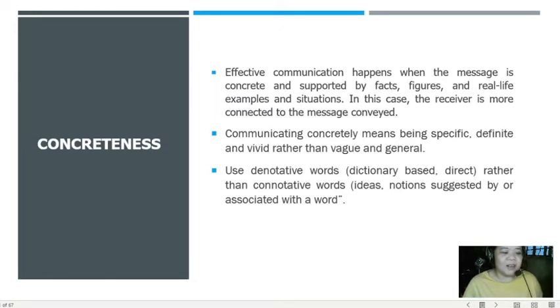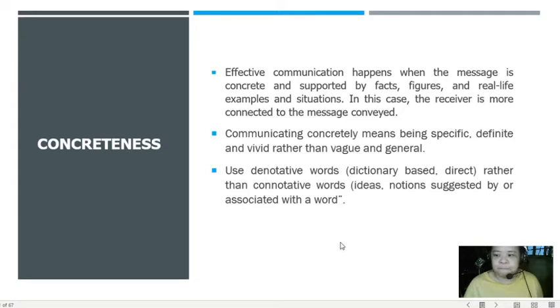Avoid being vague or general. Be specific, be direct, be definite. Use denotative words, which are dictionary based meanings, rather than connotative, because when it's connotative, sometimes you have different definitions of words. So always use denotative meaning.